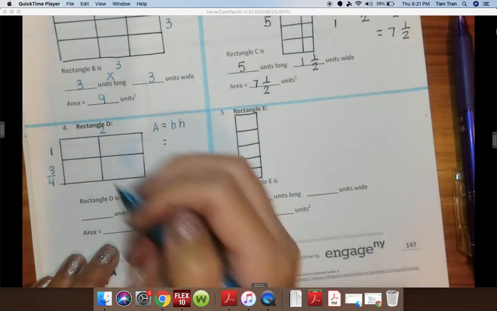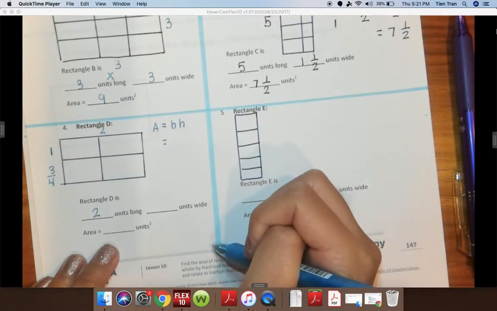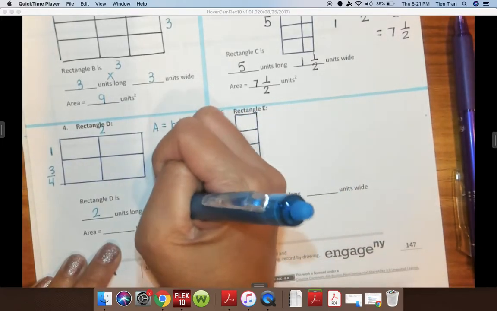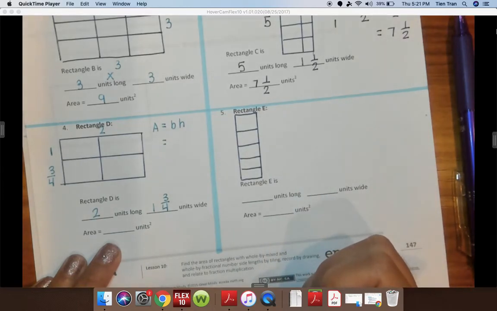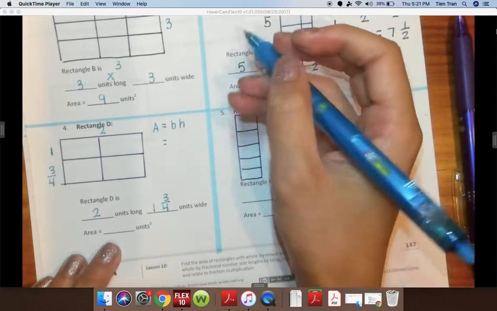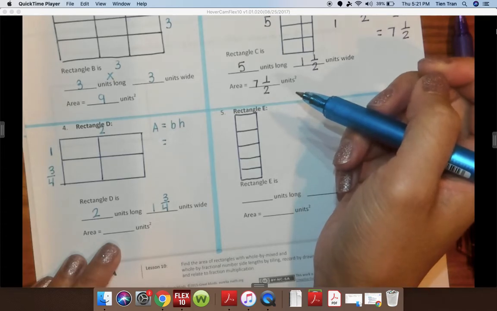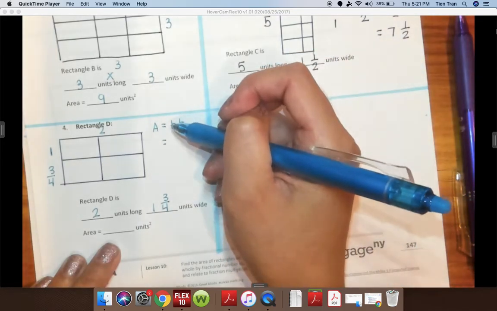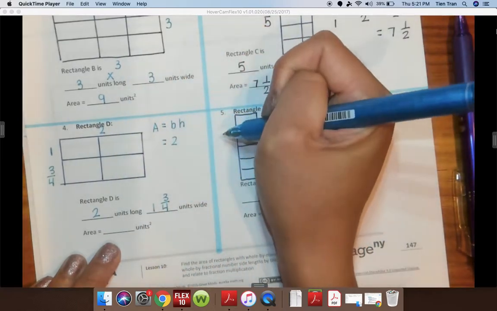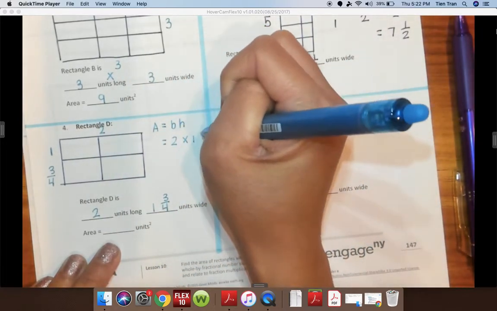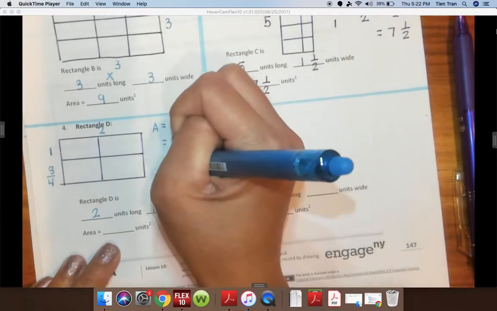Okay, so I have 2 units long, and I have 1 and 3/4 units wide. Okay, so I'm going to write that down. I am multiplying my base, which is 2, and my height, which is 1 and 3/4. Okay?